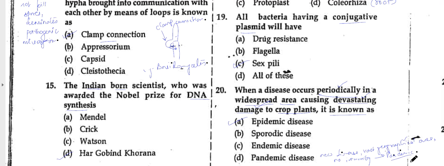Other diseases which have been called pandemic earlier are Spanish flu, cholera, influenza, etc. Now what is epidemic? An epidemic disease affects a large number of people within a community, or within a particular area or population. Now endemic is what?